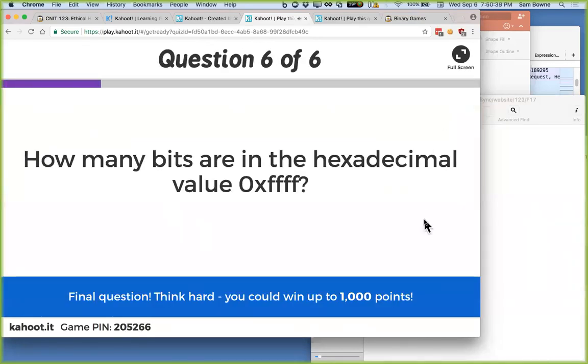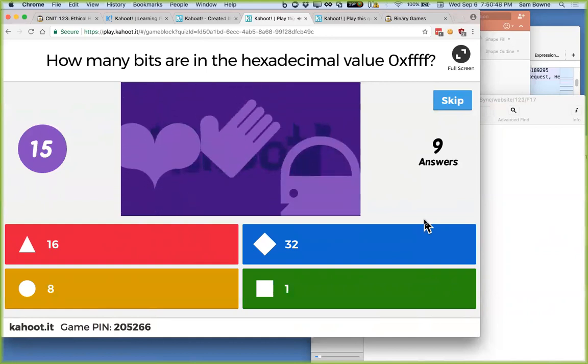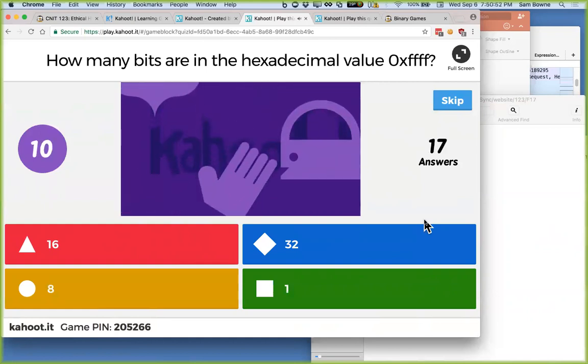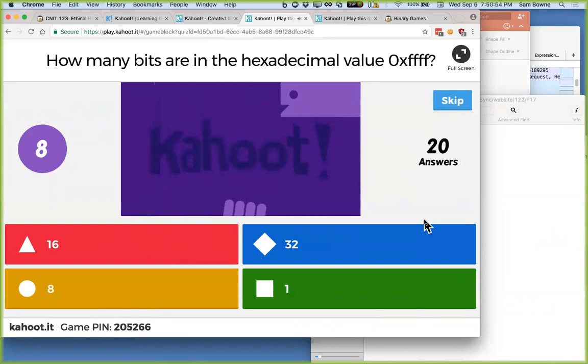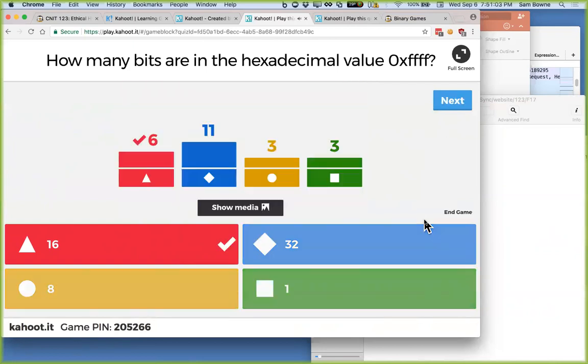How about this one? How many bits in that hexadecimal value? This is also a little bit cruel, but I'll let it stand for tonight. Yeah. That's why this stuff is extra credit. There are some defects in my system. Anyway, I'm going to cover hex more.